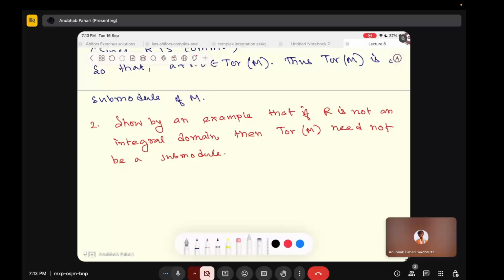Okay, so let us do the solution of this. Find the counterexample.